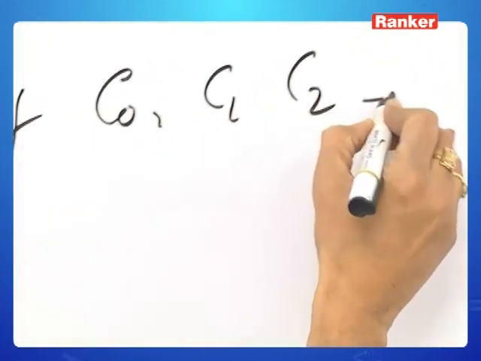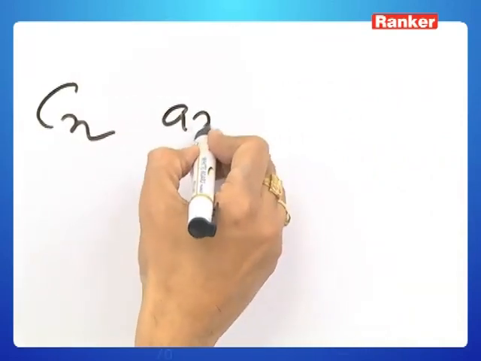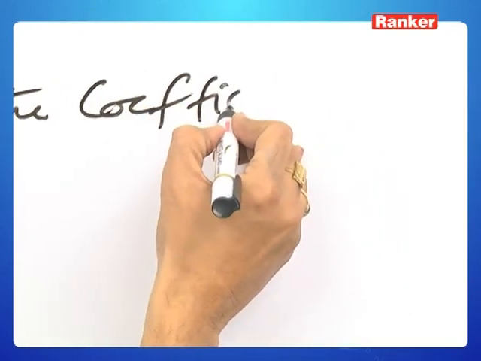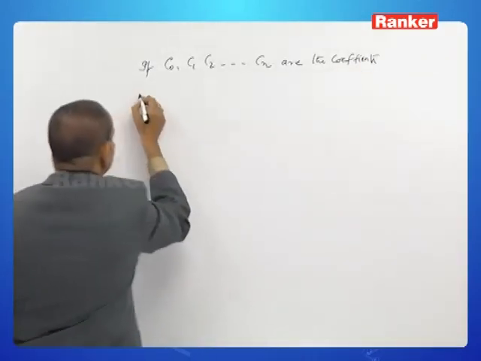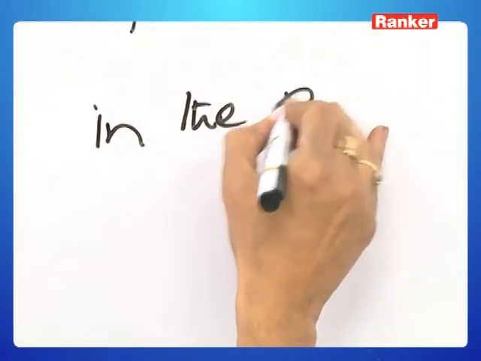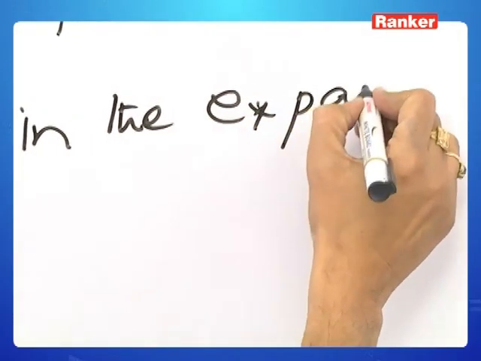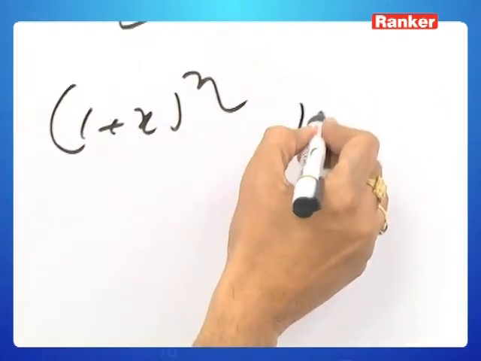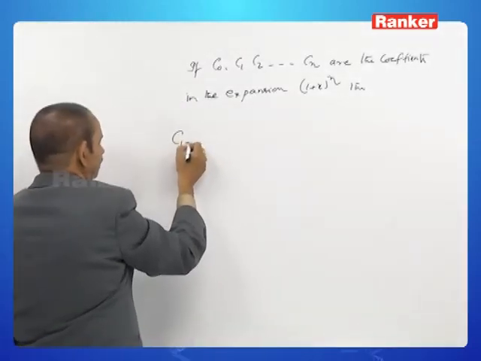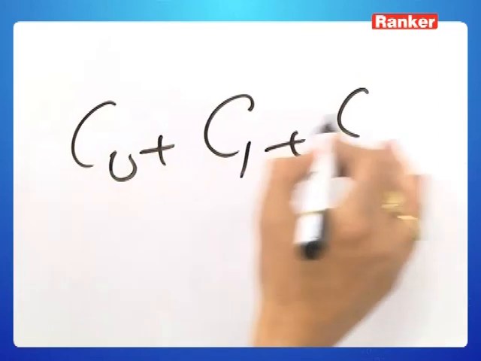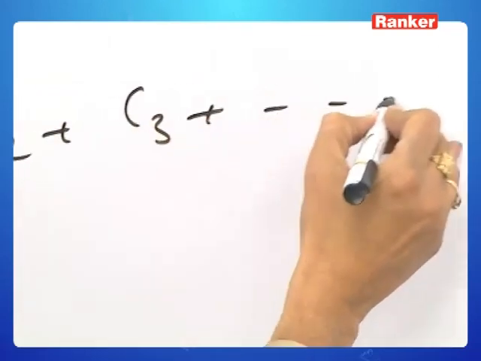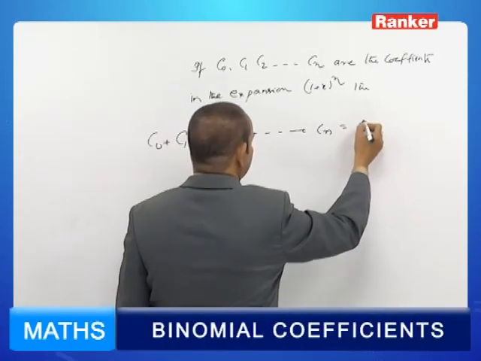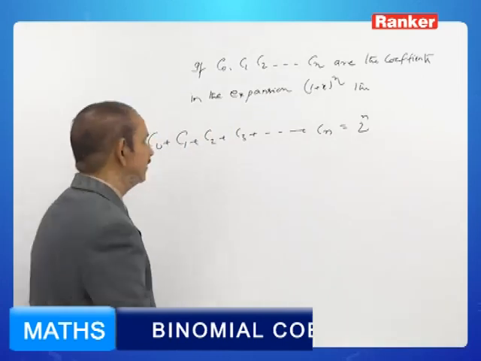If C0, C1, C2, and so on up to Cn are the coefficients in the expansion of 1 plus x whole to the power of n, then C0 plus C1 plus C2 plus C3 and so on up to Cn is equal to how much? 2 power n, the first one.